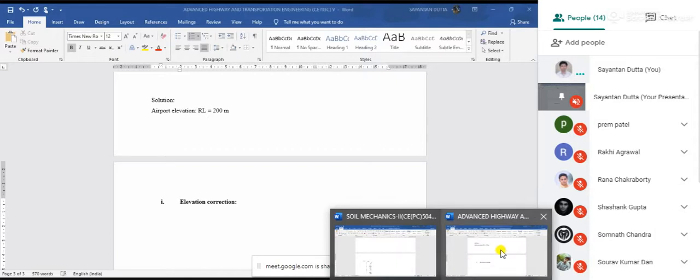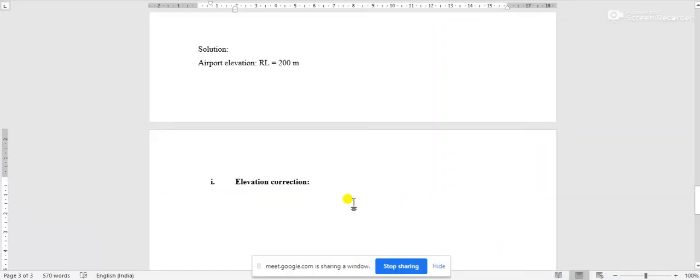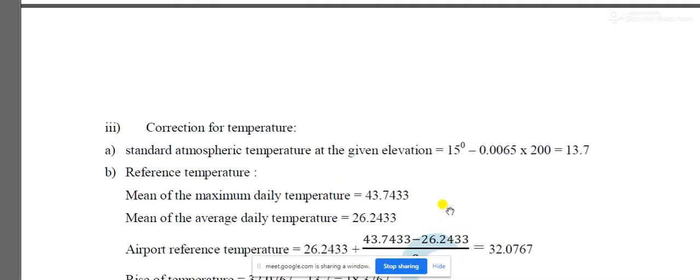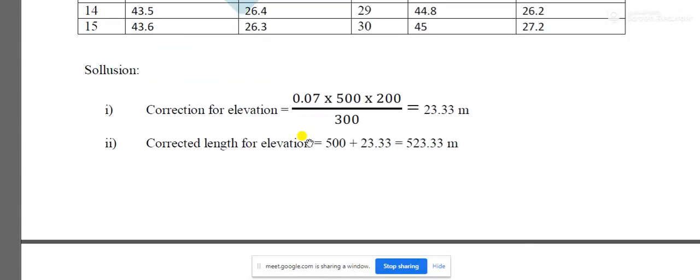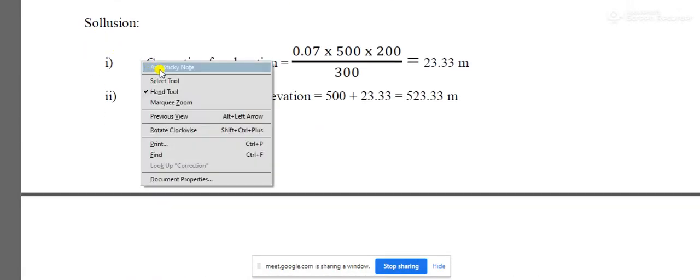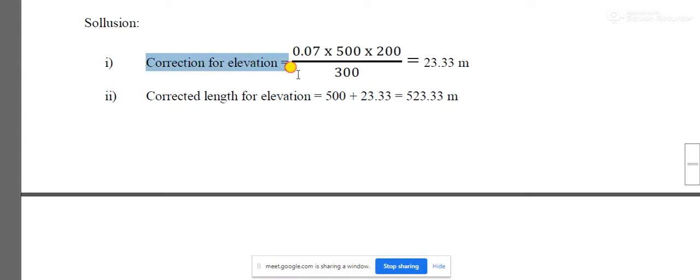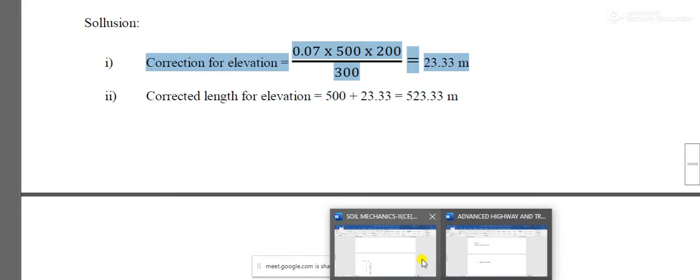Okay, for elevation correction, first of all the basic or ideal condition of elevation is 0, and in this case the airport elevation is 200 meter, and the correction rate is actually, can you remember the correction rate?